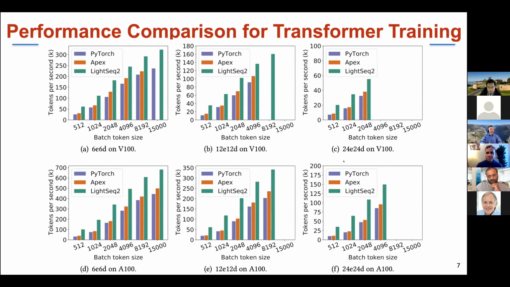We have larger ones like 12 encoder, 12 decoder, and even larger ones with 24 encoder and 24 decoder layers, on different types of GPUs, V100 and A100 as well. This is the training performance in terms of the number of tokens per second.